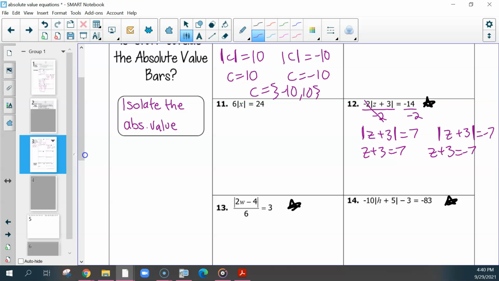And solve. So I need to get z by itself on both sides, so subtract 3. So z equals 4 and z equals negative 10. So my solution set would be negative 10, 4.